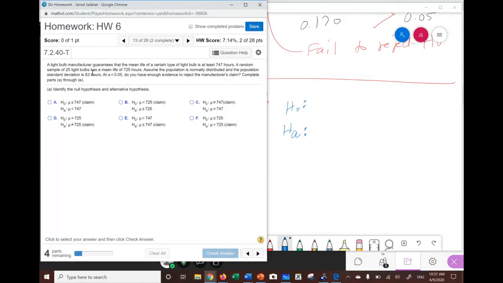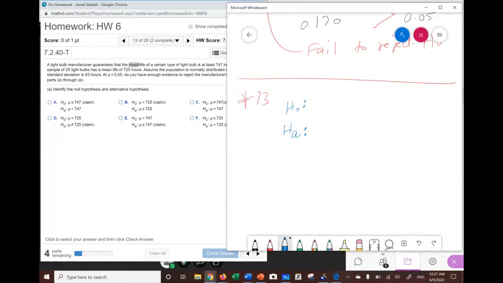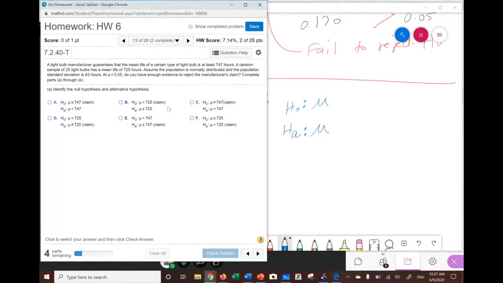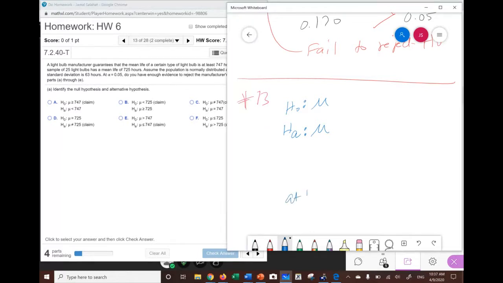It says a light manufacturer guarantees that the mean, so they talk about mean. So it is a mu here and a mu there. Let's continue. The mean life of a certain type of light bulb is at least. Now, what is the meaning of at least? They said at least 747, so this is 747 and this is 747.